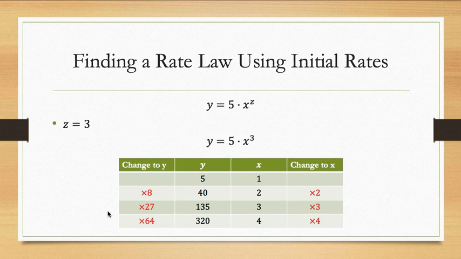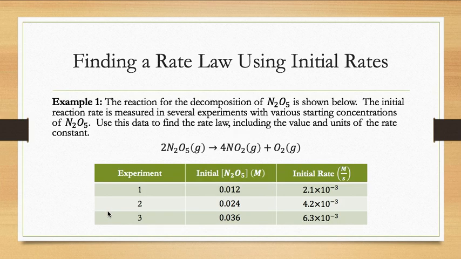Okay? Again, this might seem like we're back in math class, but it's important to know how these relationships are related, because what we're going to do now is apply this to a set of data. So here we've got an experiment where we have N2O5 decomposing into NO2 and O2. It has these coefficients, right?